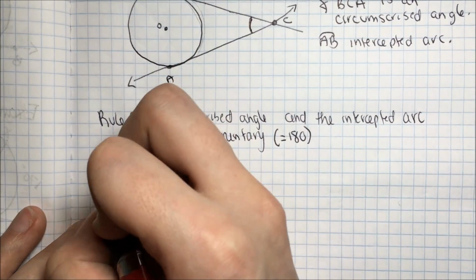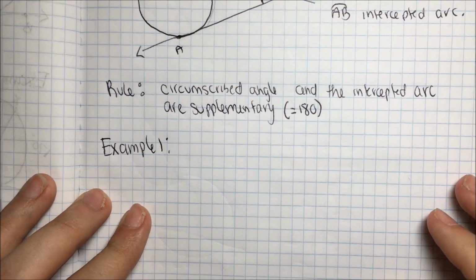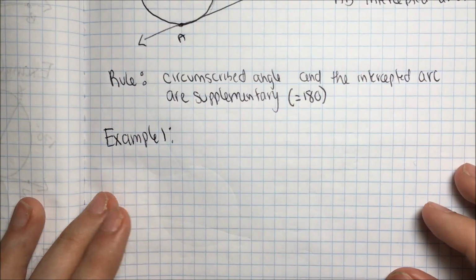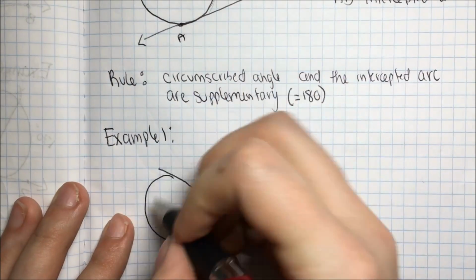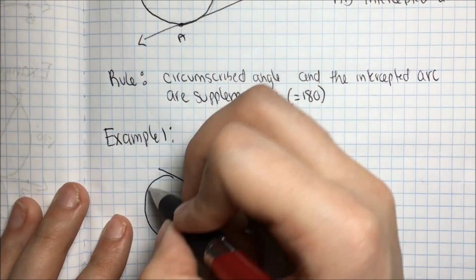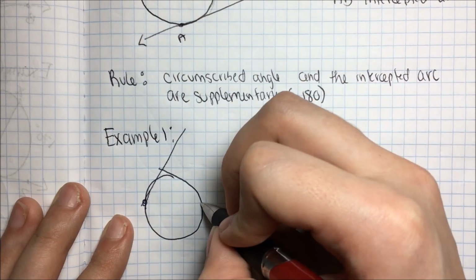So if we look at an example, we draw a circle and we have two tangents.